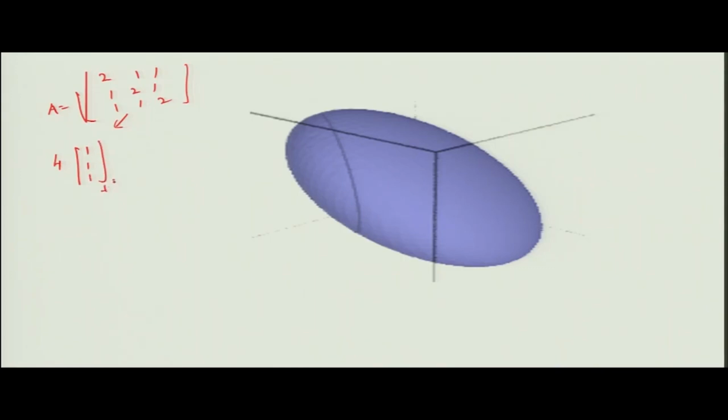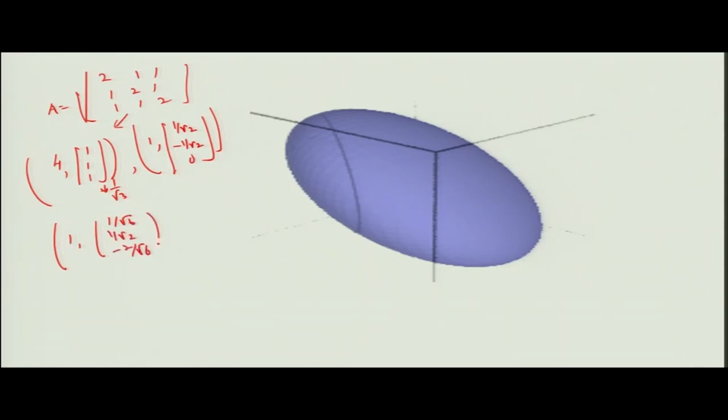So, this will give me 1 upon root 3 times this as my unit vector. I have an eigenvalue which is 1, which corresponds to 1 upon root 2, minus 1 upon root 2, 0 as an eigenvector. Fine. So, this is an eigenpair, this is another eigenpair, and the third eigenpair is again 1, but here the eigenvector is 1 upon root 6, 1 upon root 6, minus 2 upon root 6. All right.